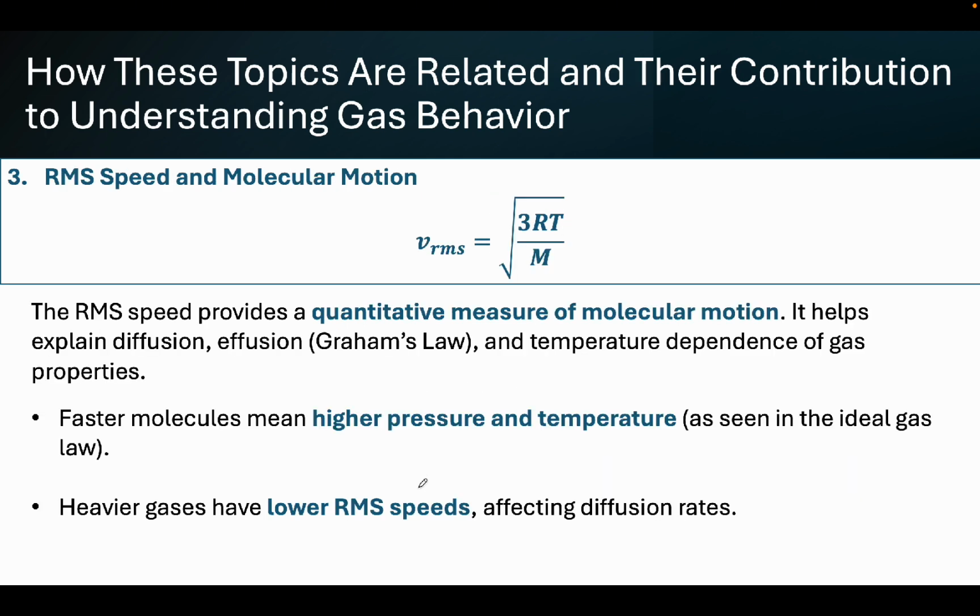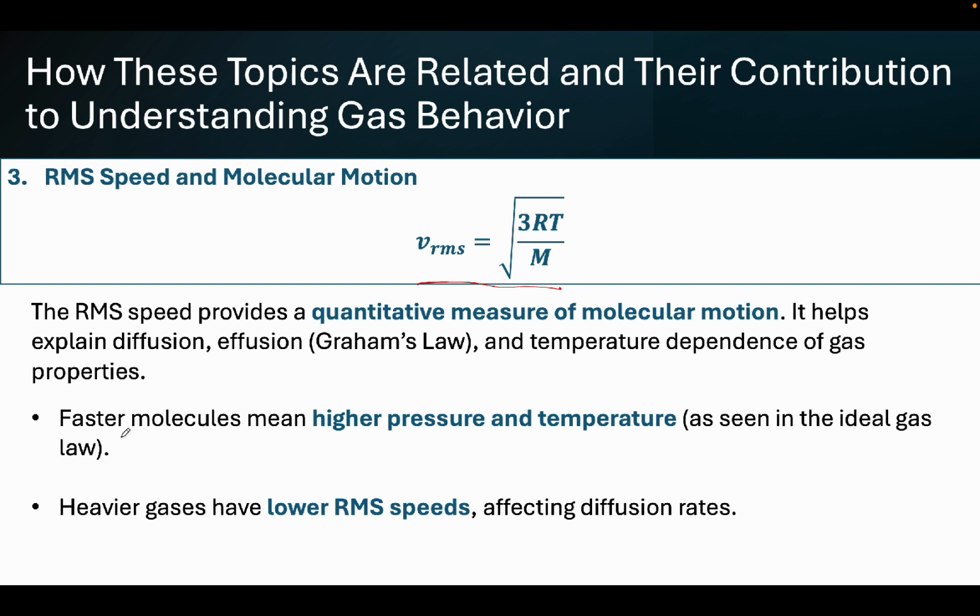Okay. So number 3, we have the root mean square speed and molecular motion. Again, the formula for the root mean square speed is equal to the square root of 3RT divided by M. So root mean square speed provides a quantitative measure of molecular motion. It helps explain diffusion, effusion, and temperature dependence of gas properties.